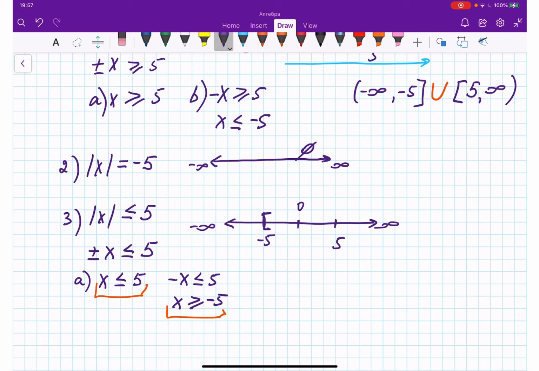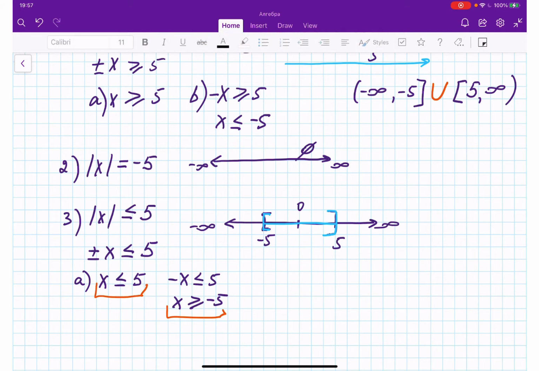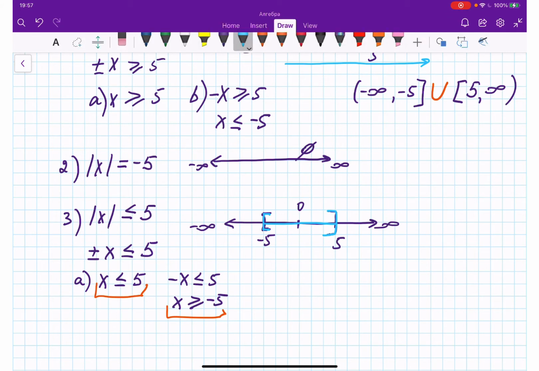Greater equal negative 5 and less equal positive 5, which means this piece is going to be our answer. All right? And I can put this in the interval form, because both ends are square brackets, it's going to be negative 5, positive 5.